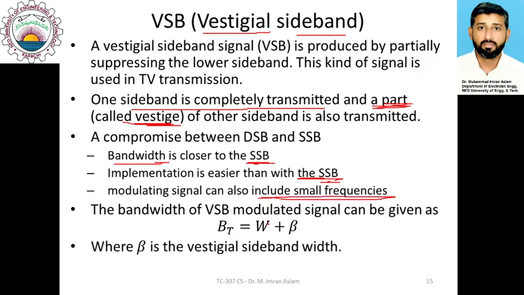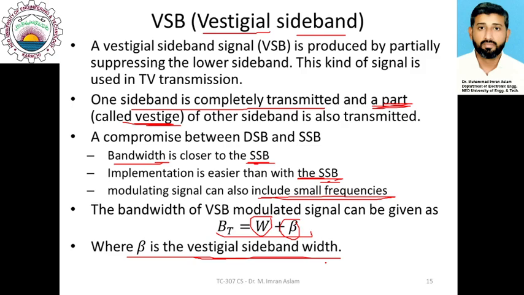The bandwidth of the VSB signal is approximated by the relationship BT equals W plus beta, where W is the bandwidth of the message signal and beta is the vestigial sideband width, which we leave when we filter the signal from that particular sideband.